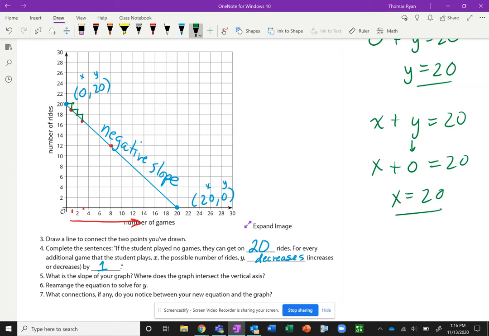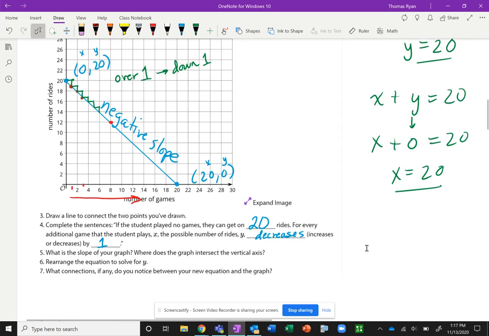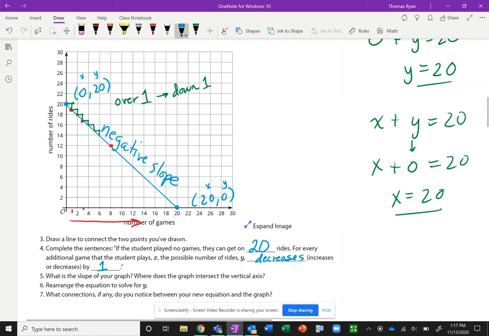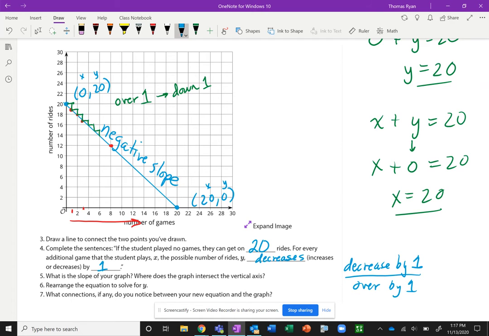Over and down, each step. As we go over 1, we are going down 1. So the slope of our graph is that we decrease by 1 as we go over by 1.